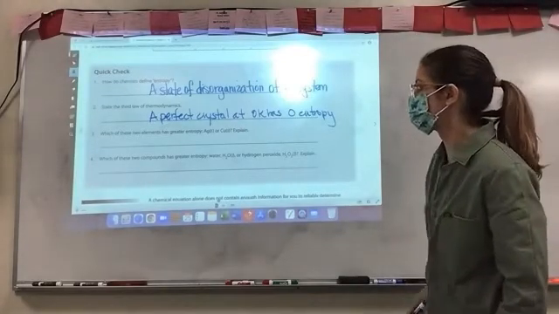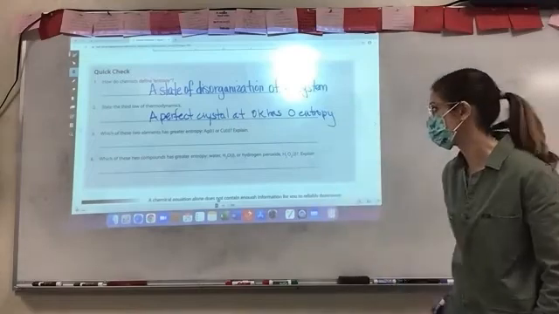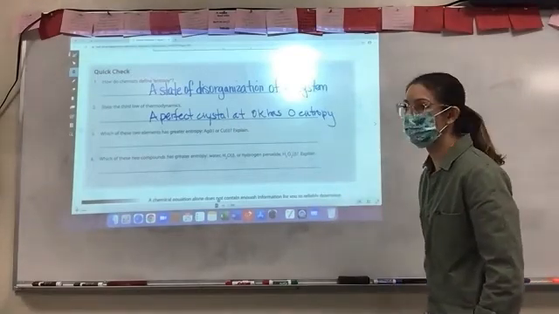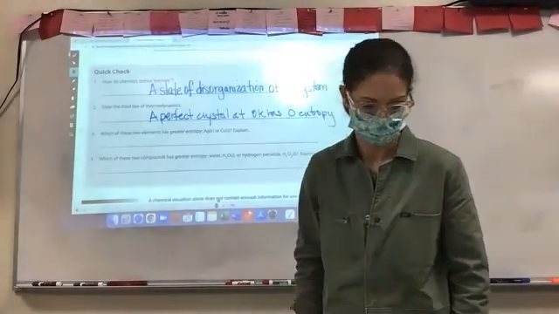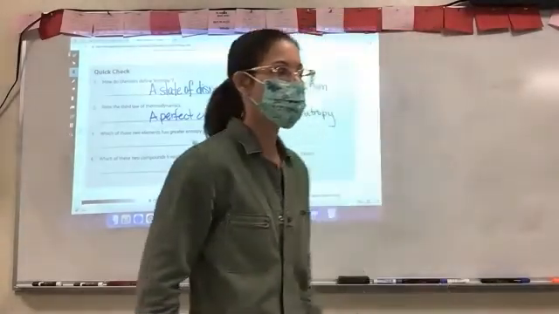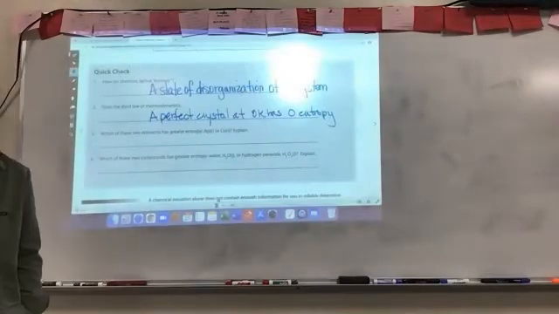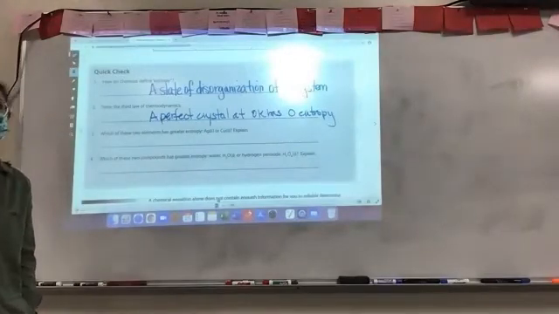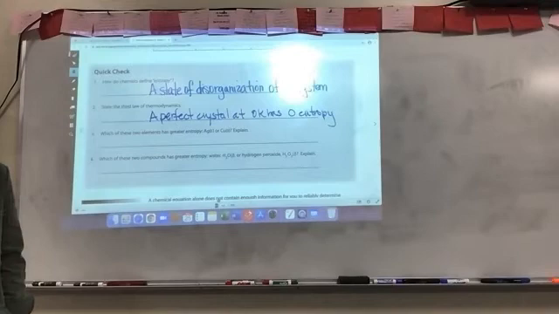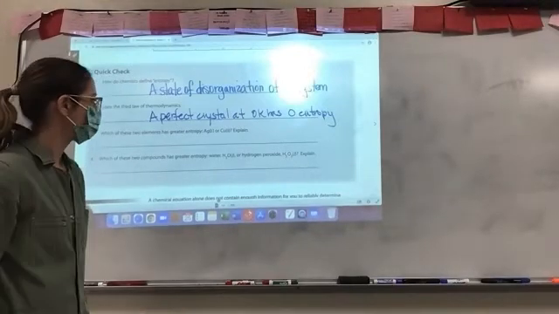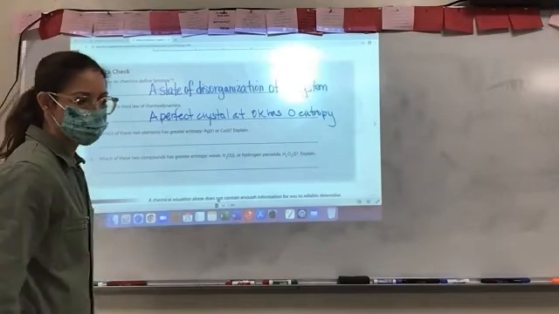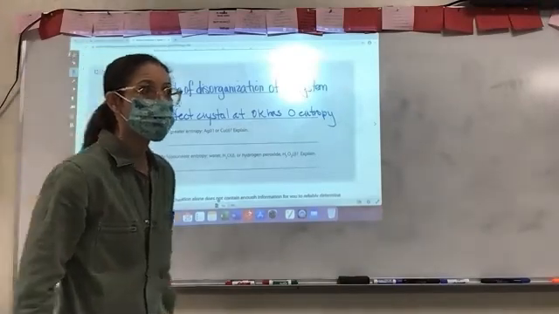Which of these two elements has greater entropy? Silver or copper? Explain. Samantha, look at the periodic table where silver and copper are. They're number 29 and 47. You tell me which one. Copper. I mean, sorry.